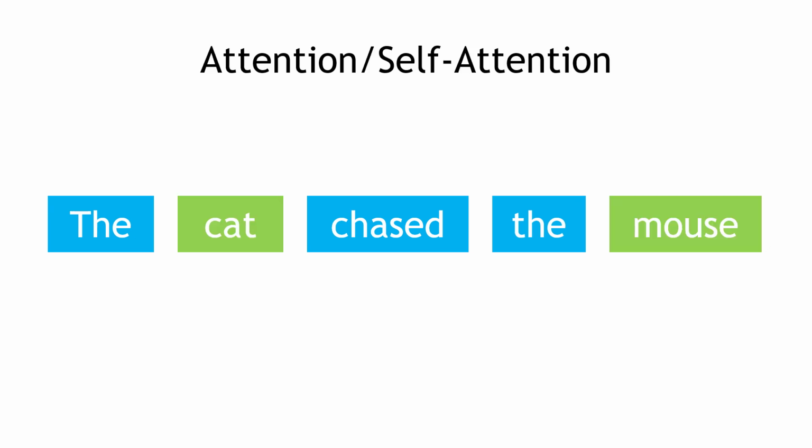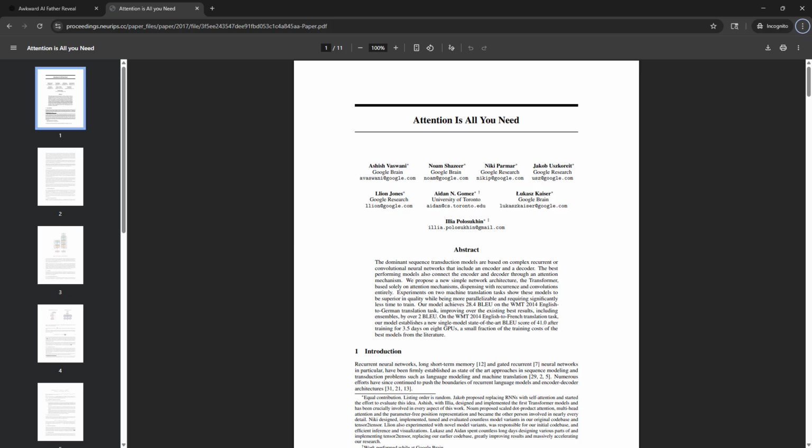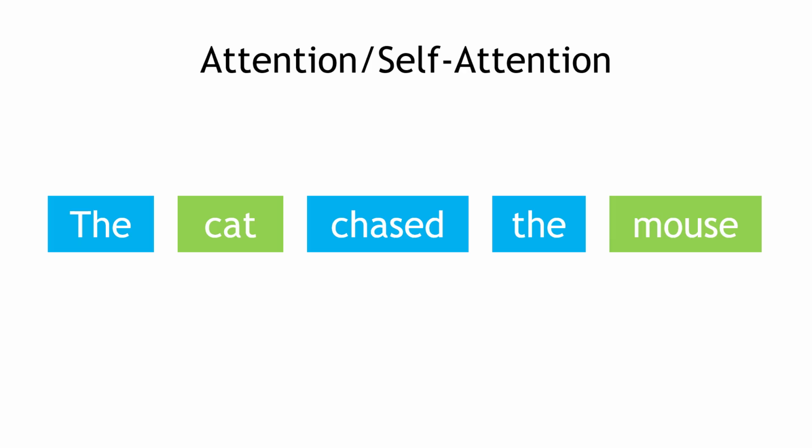And then the other concept behind transformers is this idea of attention, or self-attention. The introduction of the transformer architecture actually started with a paper called Attention is All You Need. So this is a really key concept to what makes all of this work. In simple terms, attention means that the model learns context over time, so it's able to figure out the meaning of the word mouse by being aware and paying attention to the rest of the input.